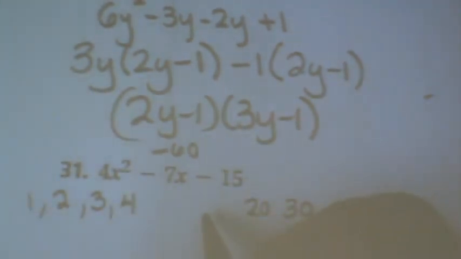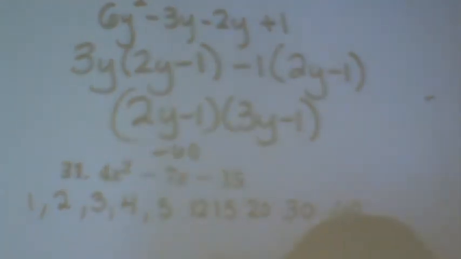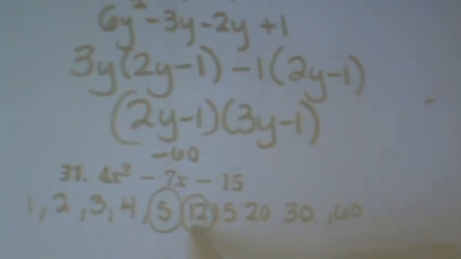We have 4 times 15, not going to work. We have 5 times 12. That's it right there. One's going to be negative and one's going to be positive. These are your numbers, 5 and 12.